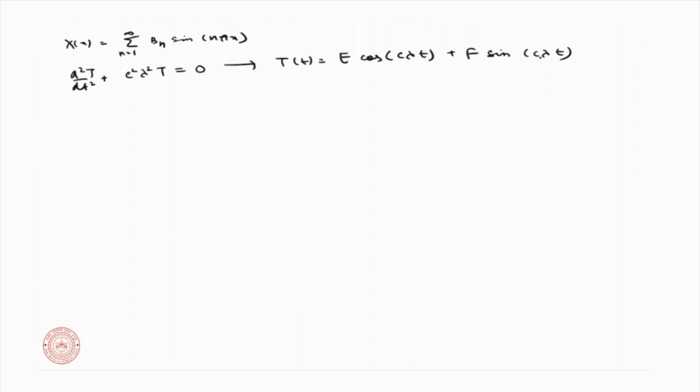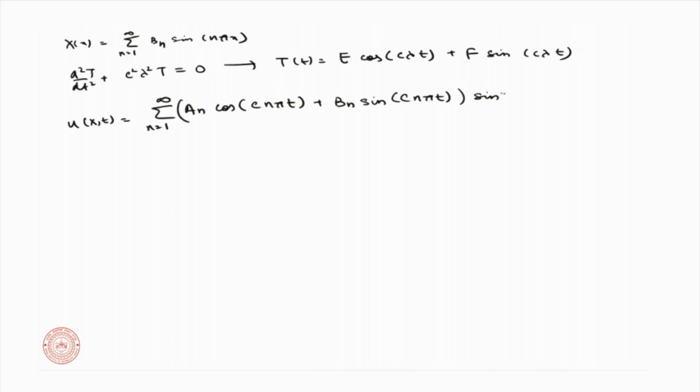Okay. And we know what lambda is. So, therefore, we can put everything together: u x t is summation n equals 1 to infinity. You multiply b n with E and b n with F. Let us write that as a n of cos c into n pi into t plus b n into sin c into n pi into t, times sine of n pi into x.